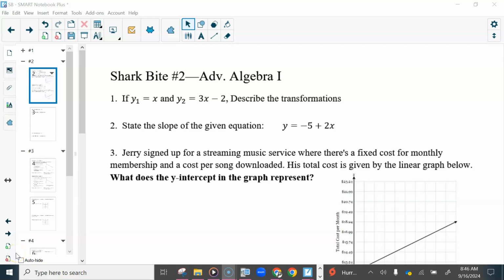Shark bite, which numbers do you want to see? Do go over, show me that on your hand or hands. I'm not seeing numbers from some of these middle sections.